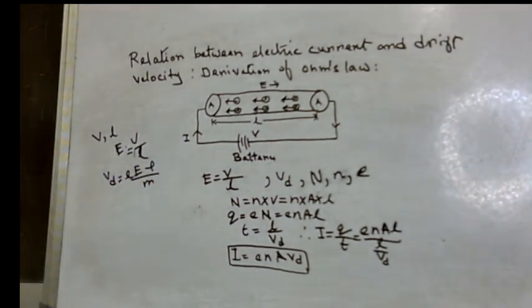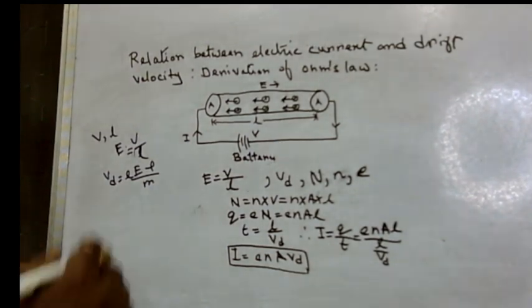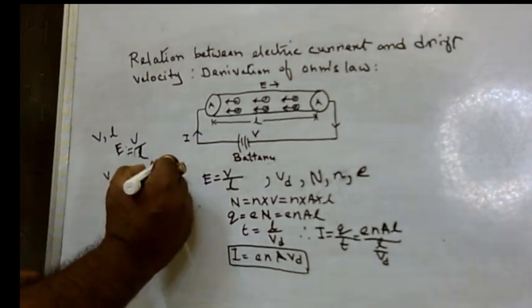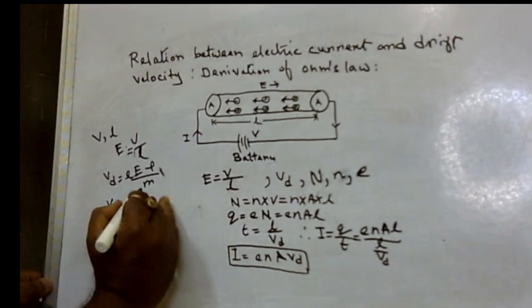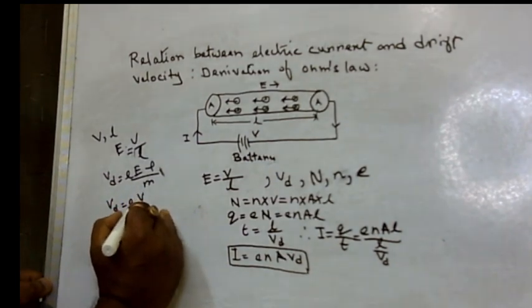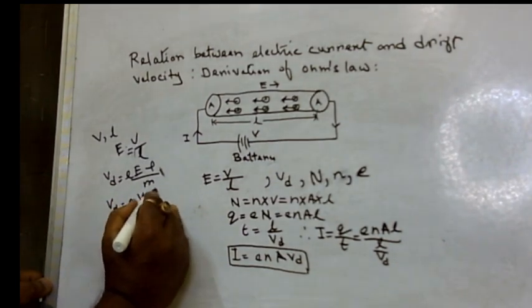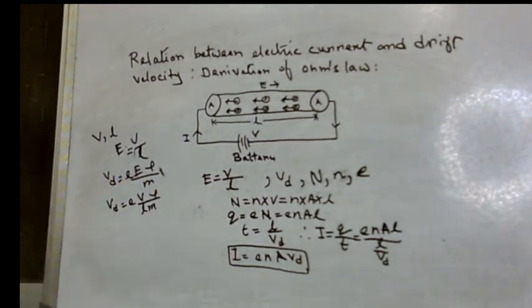We know what relaxation time is: it is the average time between two successive collisions of an electron. So let us put the value of E over here.